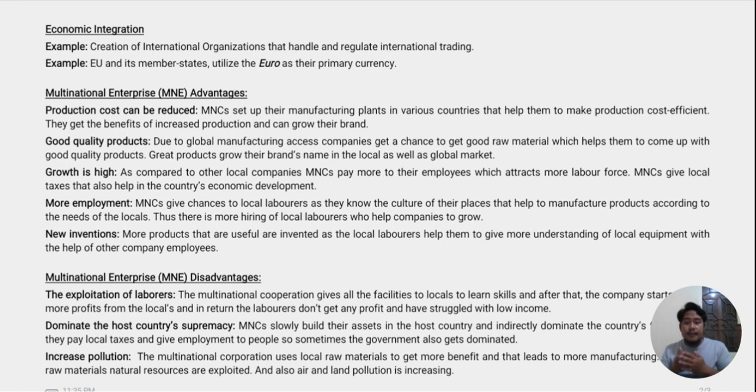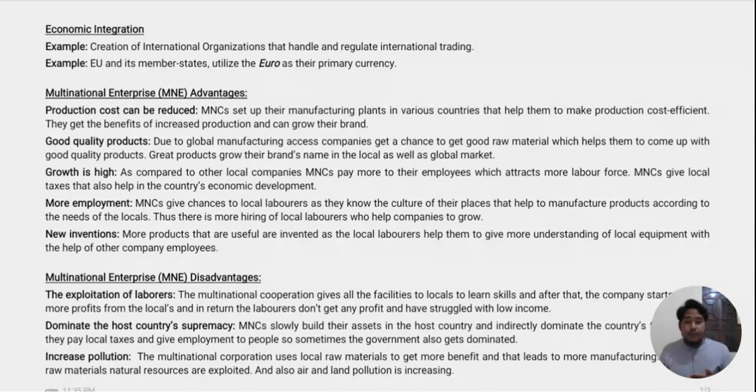MNCs give local taxes that also help in the country's economic development. Aside from that, they are also involved in charity work like donations, schooling programs, feeding programs, environmental restoration programs. However, because of that, they do sometimes get tax exemptions and tax holidays.